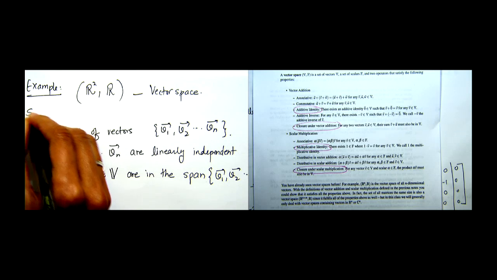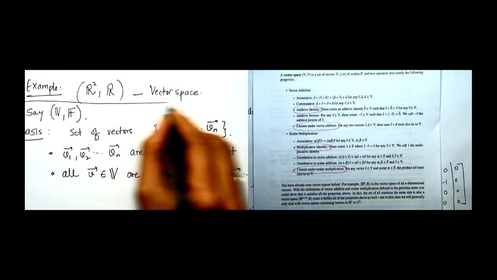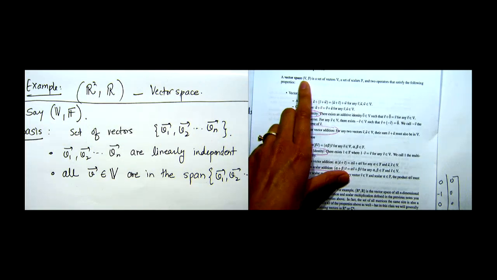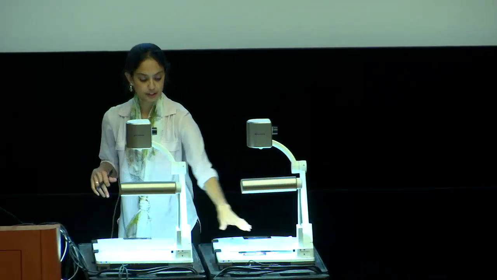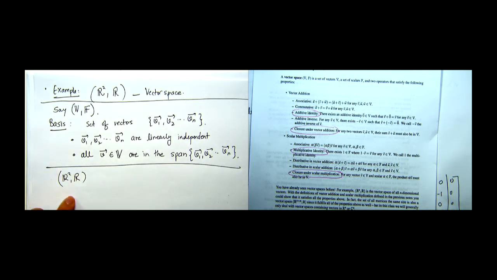So let us say we have some vector space V, F, like we have over here. We're going to say that there is a basis for this vector space if we can find such a set. So if we're considering R2 and R as our vector space, what is this set? 1, 0, 0, 1.